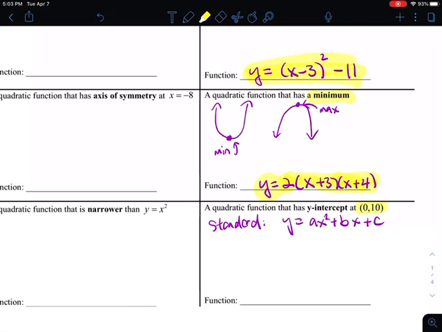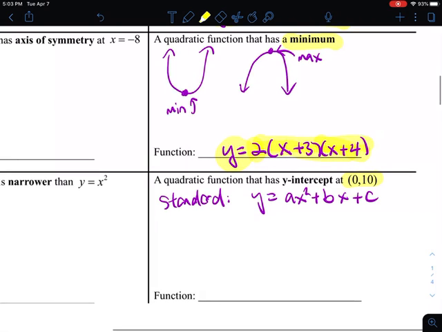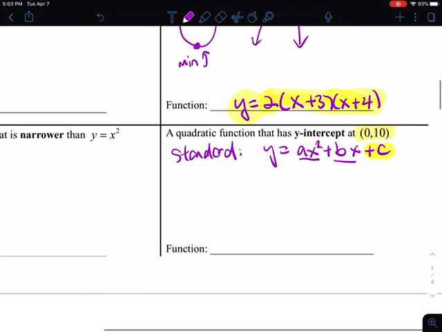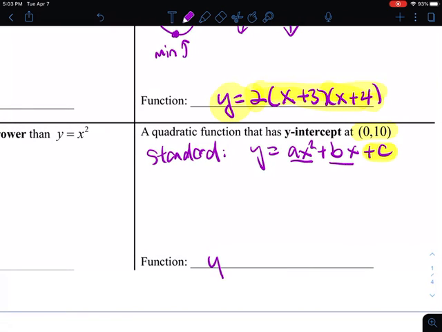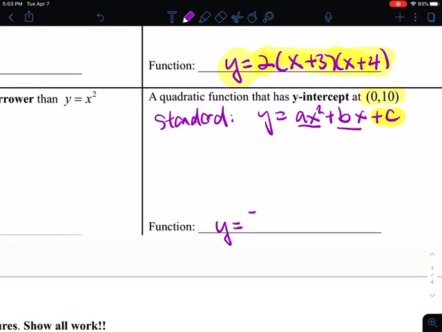And as we saw last week, your y-intercept, if it's in standard form, is just going to be our c value, because when we plug in 0 for x, these terms will go to 0, and you're just left with c. Here we can really make up our values for a and b. Let's say negative 1/2 x squared plus 4x. And then you want the y-intercept to be 10, so we need a plus 10 at the end.